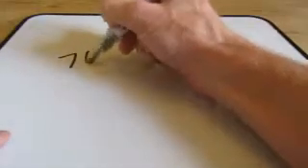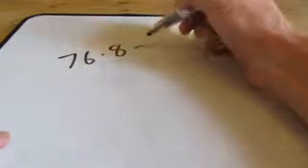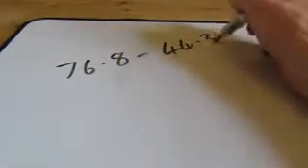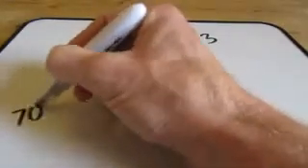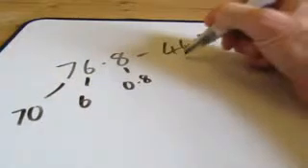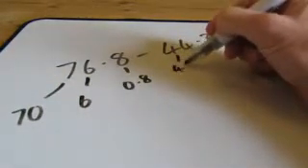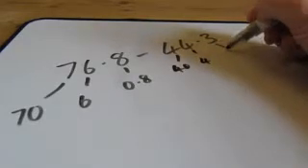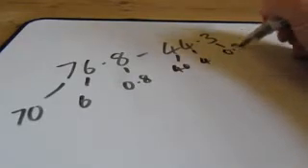Now let's have a look at the following example, 76.8. We're going to subtract 44.3. We'll partition. We've got our 70, our 6, and our 0.8. We've got our 40, our 4, and our 3 tenths, or 0.3.